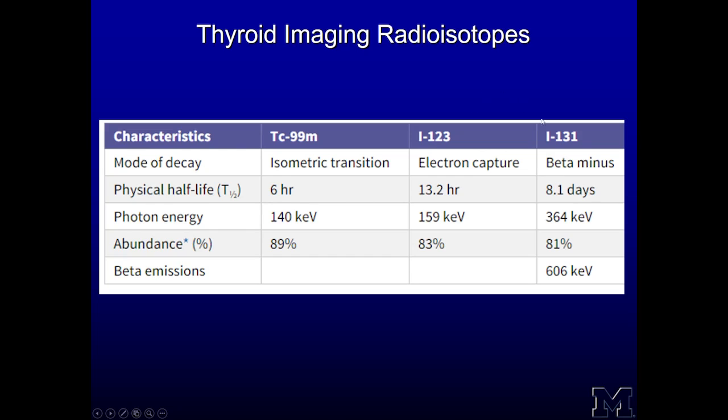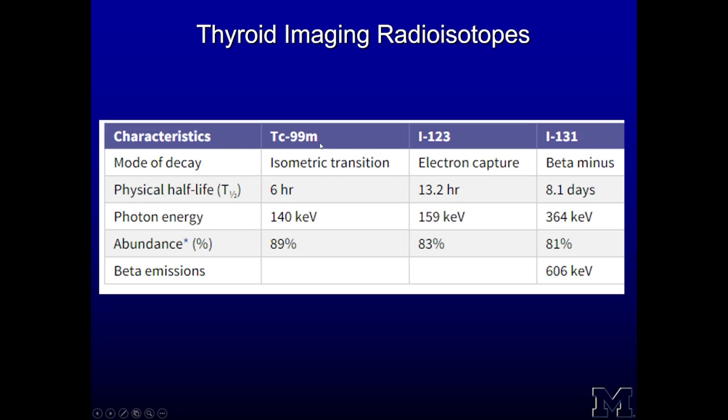However, in the setting of diagnostic imaging, iodine-131 is used for thyroid function quantification in iodine-131 thyroid uptake testing. So these are the main radioisotopes used in functional thyroid gland imaging.